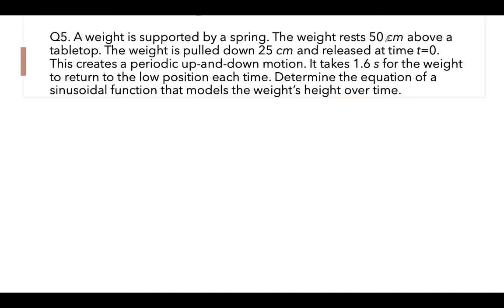Okay, let's see. So 50 centimeters above a tabletop. That means the equation of axis, assuming y is equal to A sine B x minus C plus D, is at 50.